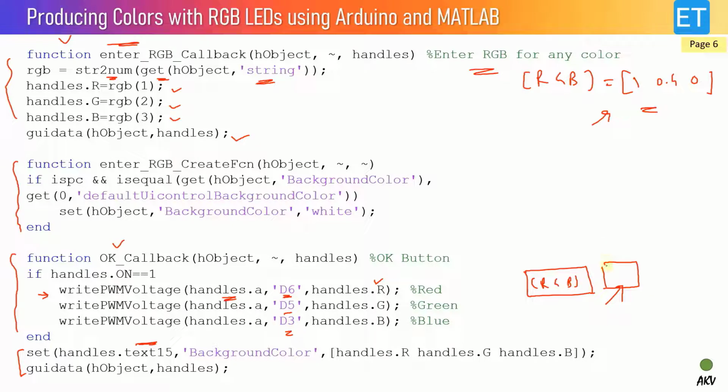At the same time, this text field also changes its color with these defined RGB values. So you can compare whatever color is shown here; you can see that almost the same is shown by your LED also. So this is your program. You can execute it, and I will show you how you can generate different colors with the help of the Arduino board and the RGB LED by executing this program.